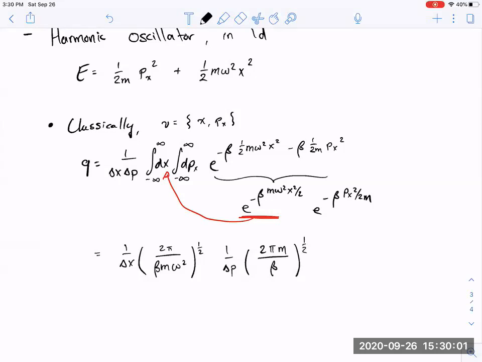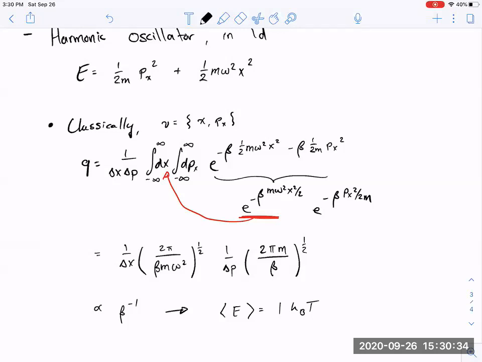Now, if we look at its functional dependence on beta, where I have two factors of beta to the -1/2, so that whole thing is proportional to beta to the -1. And should I take the derivative of log of q with respect to minus beta, I would have generated the average energy, and I can do that, and I would find that I get 1 kBT.